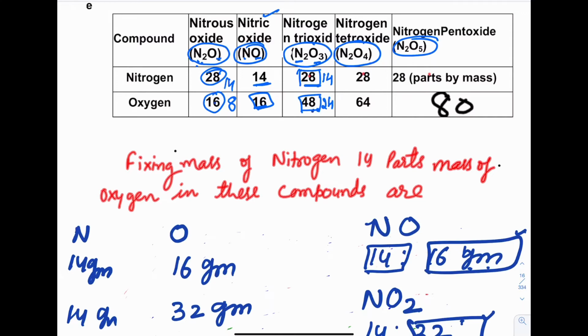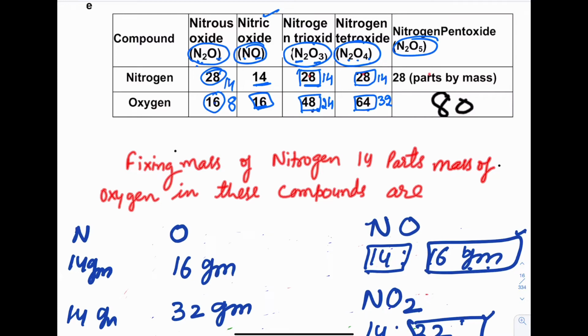Next, N2O4, 2 nitrogen and 4 oxygen. 2 nitrogen is 28, 4 oxygen is 64. How 64? 1 oxygen has 16 mass, 16 into 4 is 64. If we fix the mass of nitrogen to 14, then the mass of oxygen combined will be how much? 32.